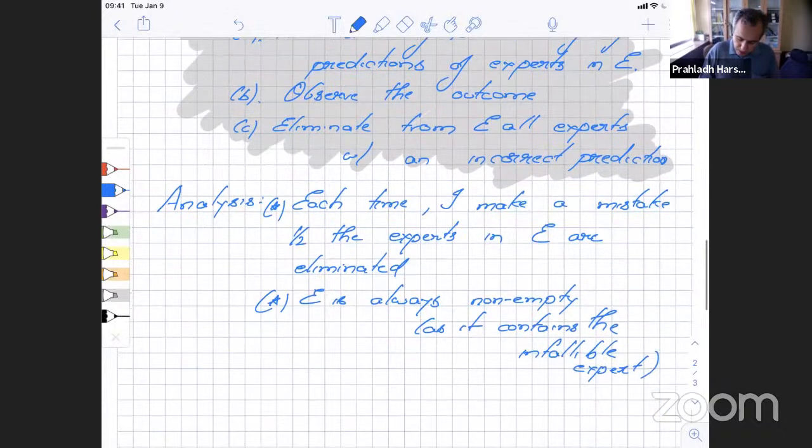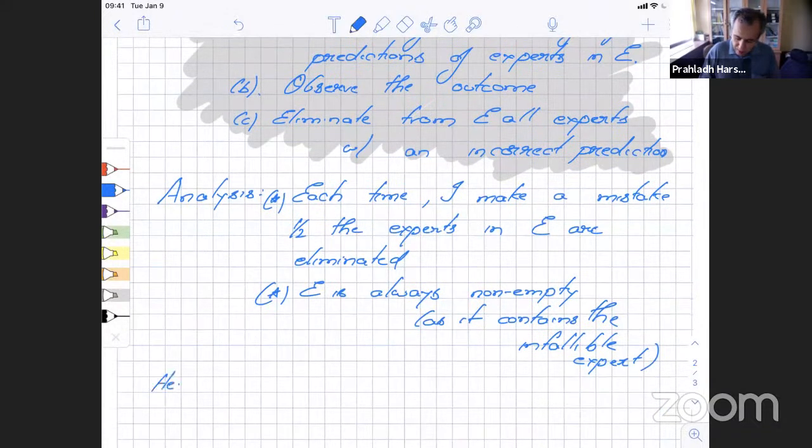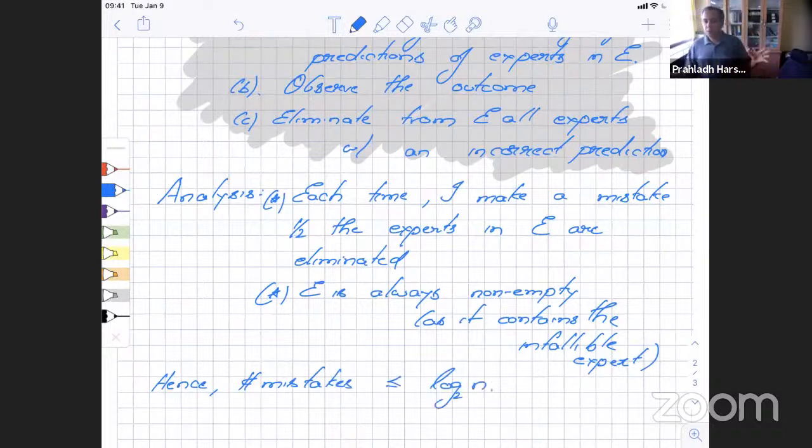Hence, the number of mistakes I make is strictly smaller than log 2 n. So irrespective of how large the time horizon T goes, eventually after log n mistakes, you are correct.